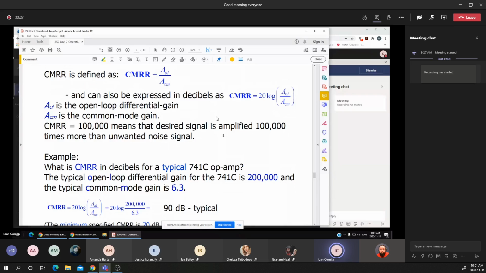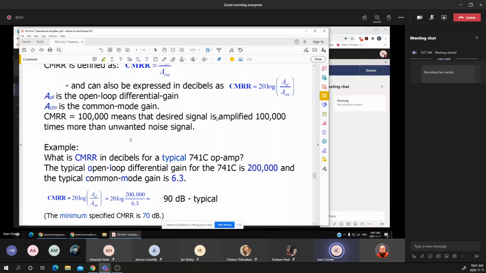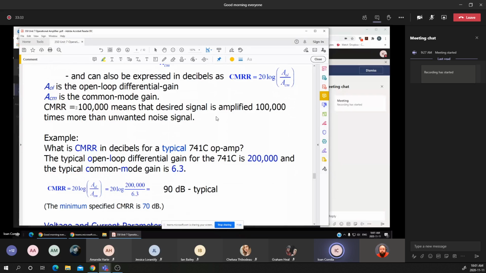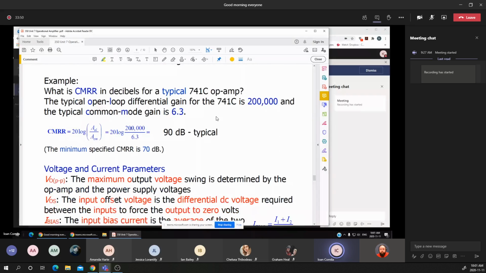But what is the meaning of the CMRR in a practical way? Again, I put an example. If the CMRR is 100,000, it means that the useful signal or the desired signal is amplified 100,000 times more than the unwanted signal.